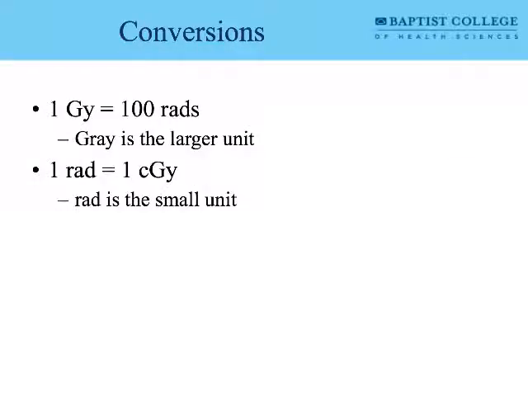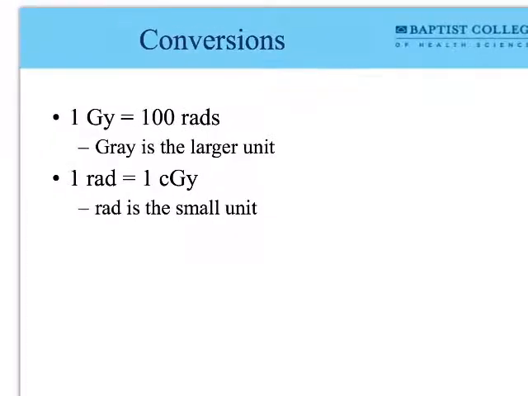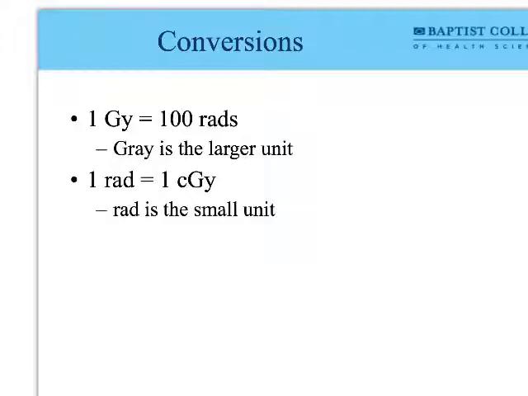Okay, so to convert, the way the textbook has it mapped out is like this. 1 gray equals 100 rads. Gray is the larger unit. The way that I remember it is 1 rad equals 1 centigray, because the rad is the smaller unit. That's the way that I tend to remember this.